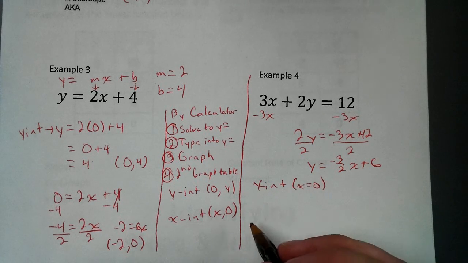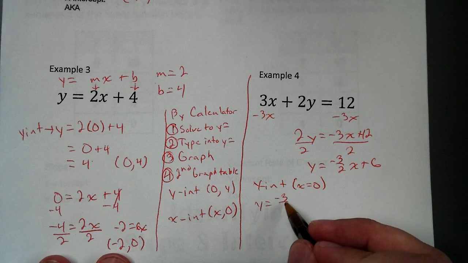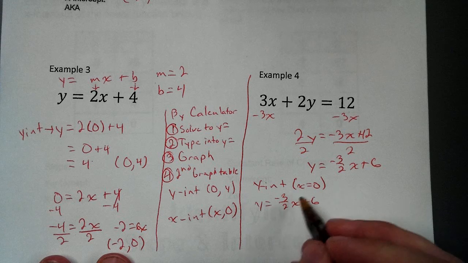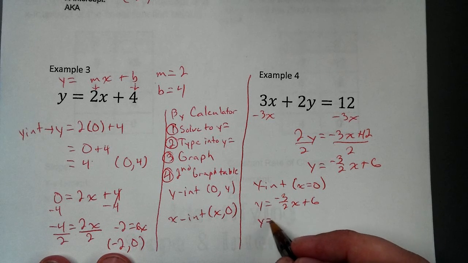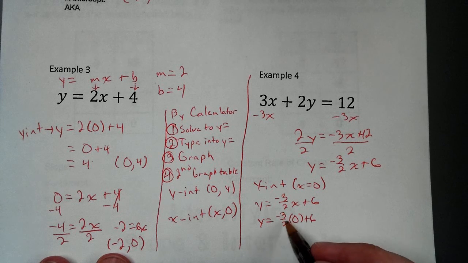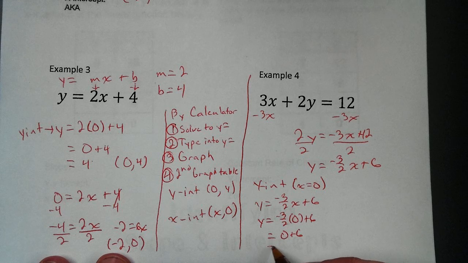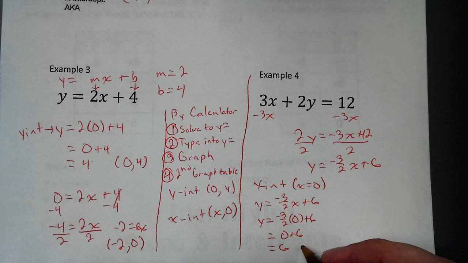So we're going to take this equation, y equals negative 3/2 x plus 6, and plug in 0 for x. So y equals negative 3 over 2 times 0 plus 6. Well, that's just 0, and then 0 plus 6 is equal to 6. So my y-intercept is at 0, 6.